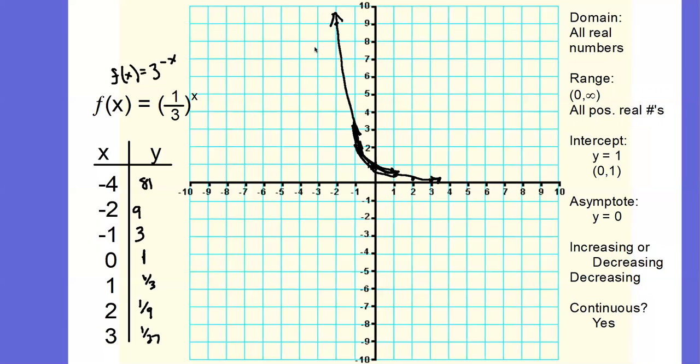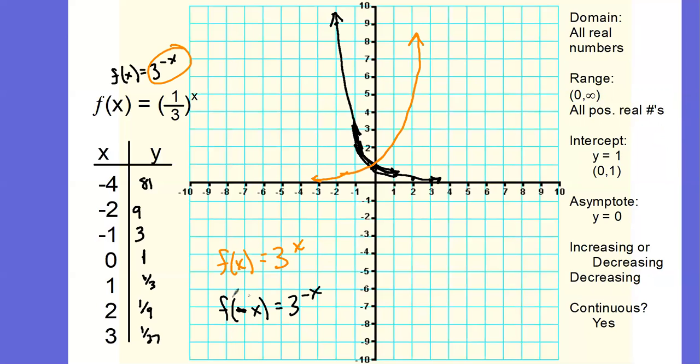One more thing that I want to point out is that when we did our graph of f of x equals 3 to the x power, remember that we had something that looked something like that as a very rough sketch. The one thing I want to point out here is that this graph, this 3 to the negative x, if you remember your transformation stuff, if this is my original function, f of x equals 3 to the x, and if I evaluate that function at negative x, that would be 3 to the negative x.